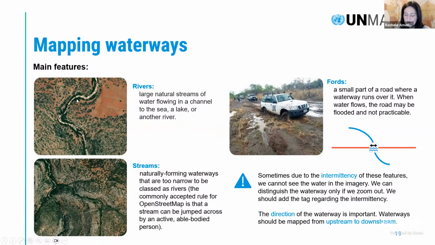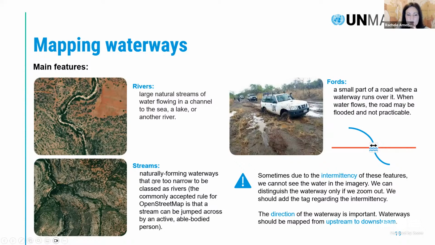Pay attention, because when you are mapping, you will be asking, is this a river or is this a stream? Because it's not so easy to spot. You can see here that we have a river, and that's okay. So a river is a large natural stream of water that is flowing in a channel from the mountains, to the sea, or a lake, or another river.